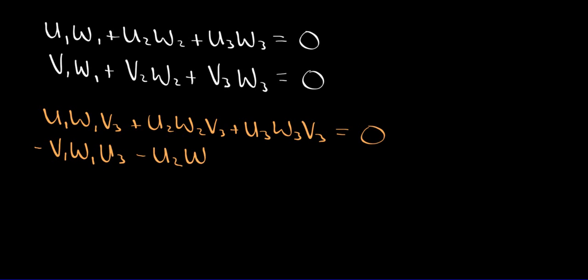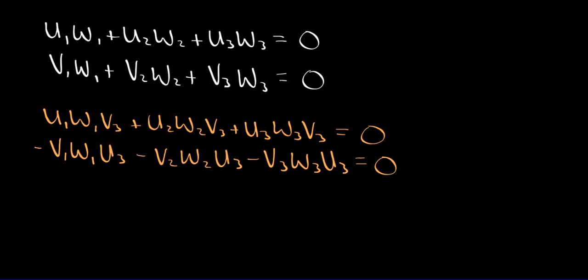I have to be careful not to look at the second one. I have to look at this. So here's V1 W1 U3. Now, here's V2 W2 U3, right? Minus V3 W3 U3 equals 0.